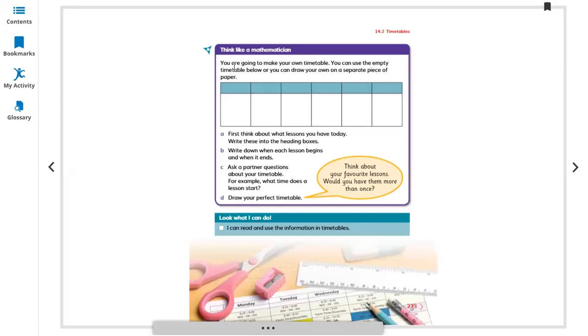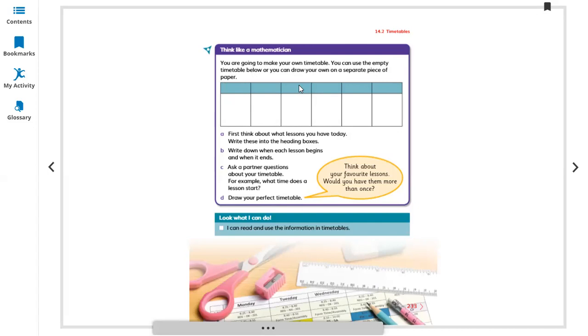Think like a mathematician. You're going to make your own timetable. You can use the empty timetable below, or you can draw your own on a separate piece of paper. First, think about what lessons you have today. This you can do by yourself.